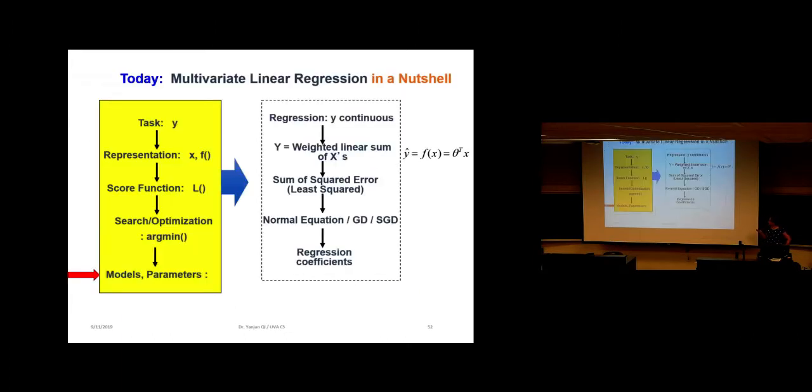Now let's come to the last part of the optimization. Like I told you, in a nutshell, we covered so much about search and optimization in this lecture. In the end, I put the last part of the discussion inside the model of parameters.